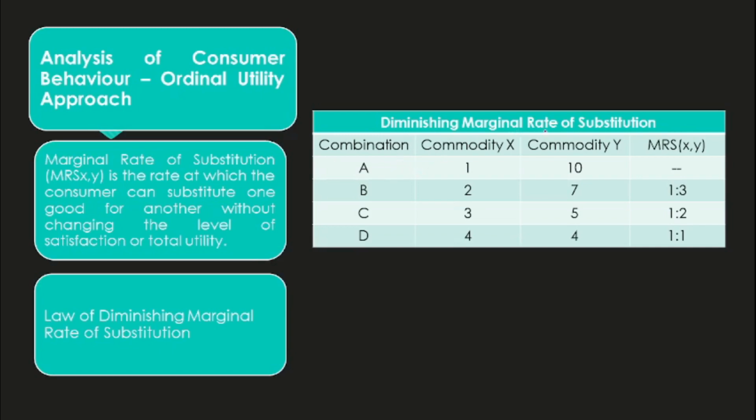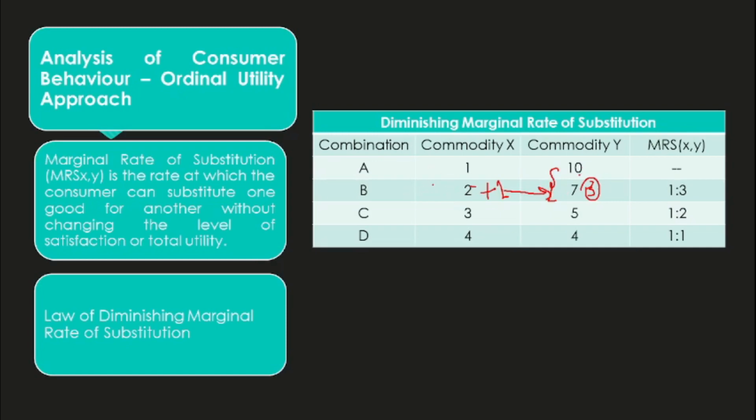Marginal rate of substitution simply means that when you are foregoing some amount of one commodity, here commodity Y, you were using 10 units of commodity Y when you were consuming 1 unit of commodity X. But if you wish to increase the consumption of commodity X by one more unit, you will have to forego some units of commodity Y. In this combination, we can see 3 units of commodity Y have to be sacrificed in order to increase one more unit of commodity X. The indifference curve says it does not matter much to the consumer; total utility will be the same.